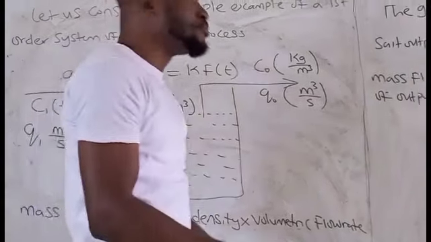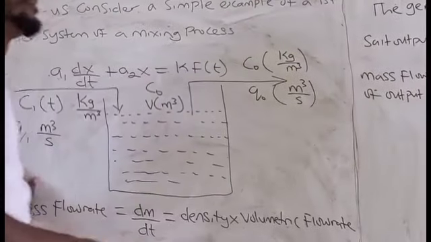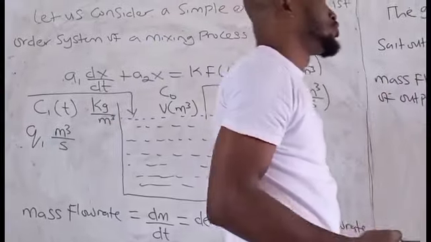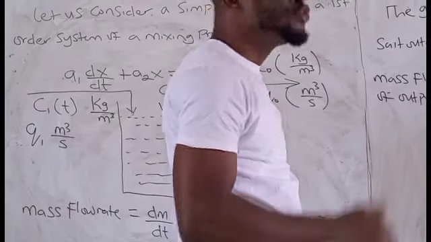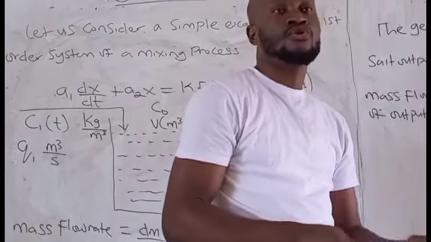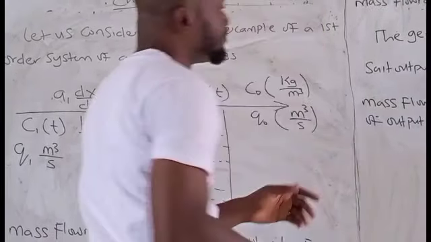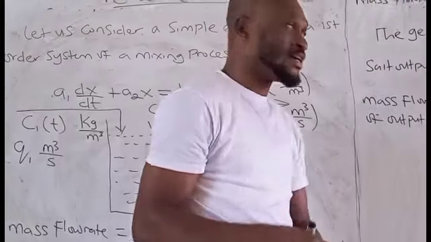Let's say the volume of the tank is V. We also need to look at another assumption: no generation or consumption by chemical reaction. So these are the simplifying assumptions.